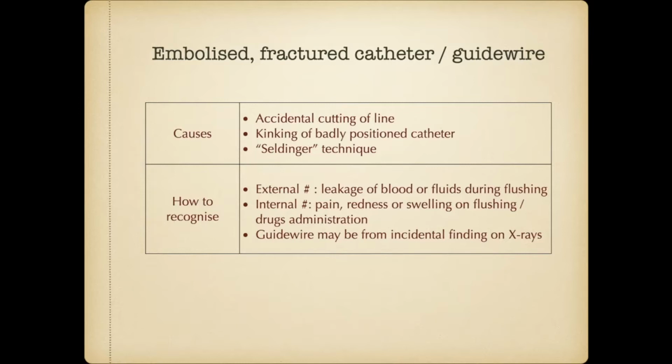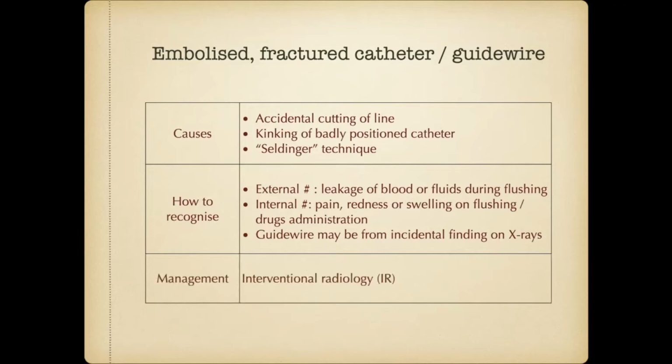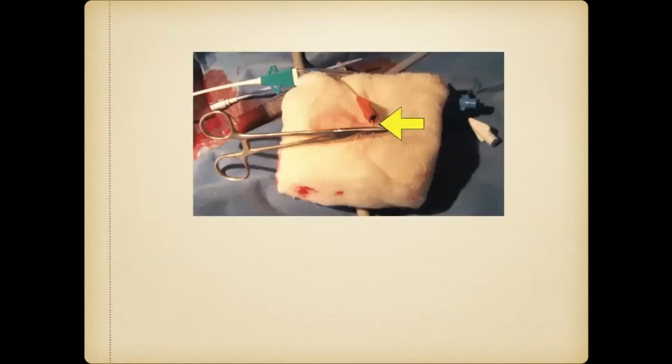And for the performer who forgot to remove the guide wire, it can be an incidental finding of the guide wire when they do a check X-ray. The removal is through interventional radiology.